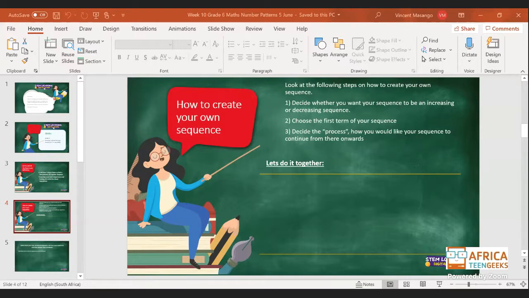I'm going to have a volunteer who is going to help us do one together. Let's do it together. I want someone who is quickly going to decide on what type of sequence they want. The first answer I get from the chat, that's the person I'll pick.